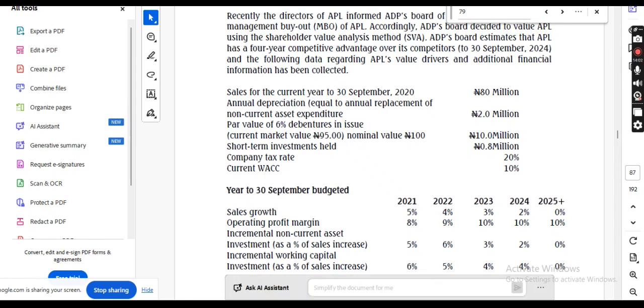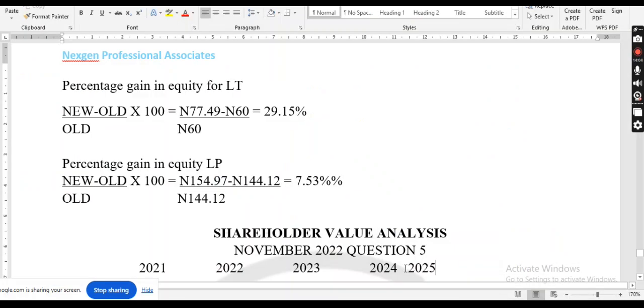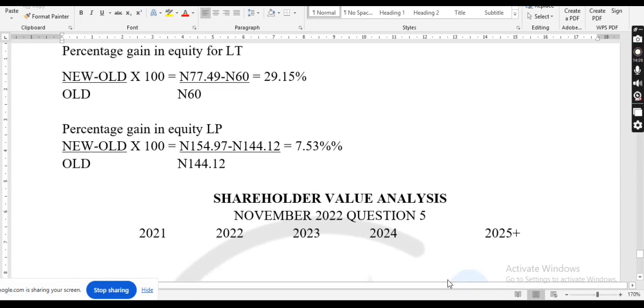So in the last year, we could have 2025 plus. That is beyond. So let's start.